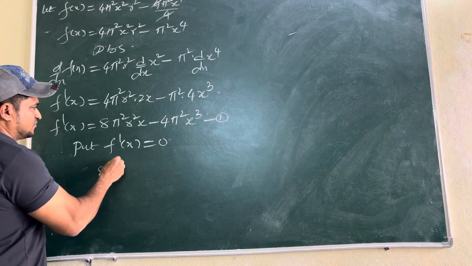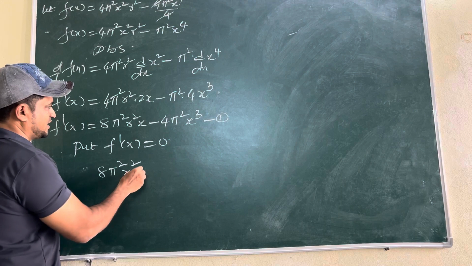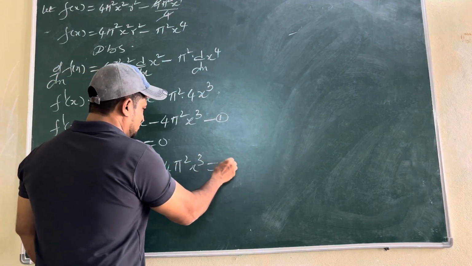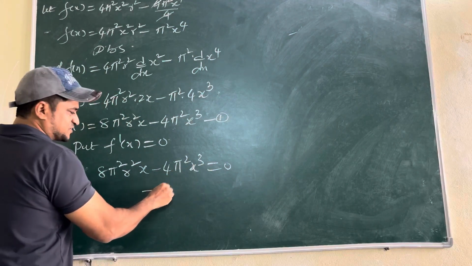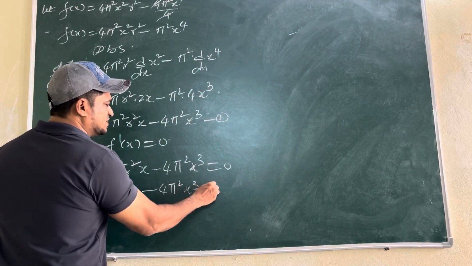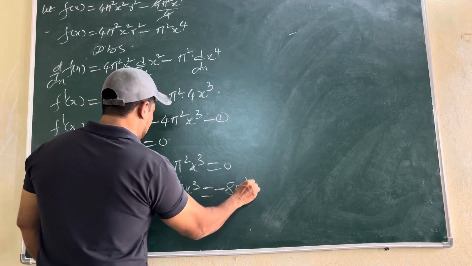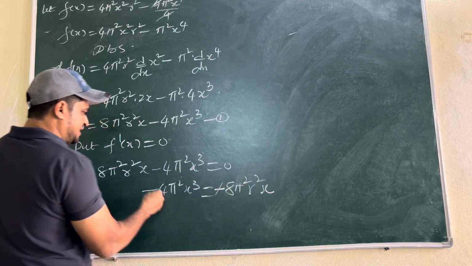This value, 8 pi square r square x minus 4 pi square x cube, equal to 0. X cube term on the left side. Always we will take the second term here. First term we will send to the right side. Minus 8 pi square r square x. Minus cancelled.